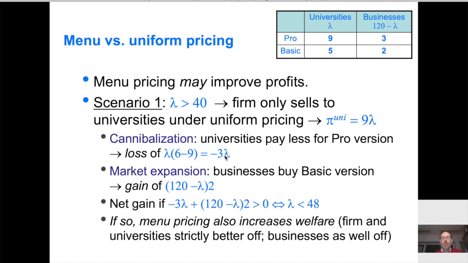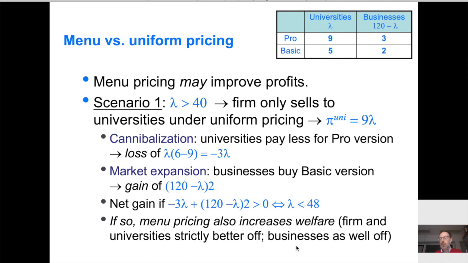And if you add up the loss coming from the cannibalization effect to the gain coming from the market expansion, well, the total is positive if there are not too many universities, so if lambda is less than 48. Okay, and if this is so, then the firm would choose menu pricing, and that would benefit the consumers. The firm is certainly better off. Universities are also strictly better off because they pay a lower price, and the businesses are as well off.